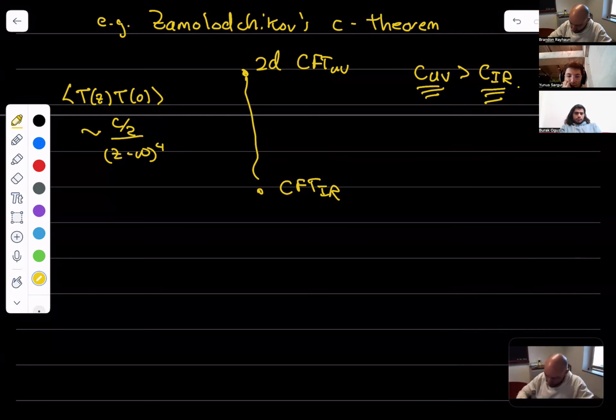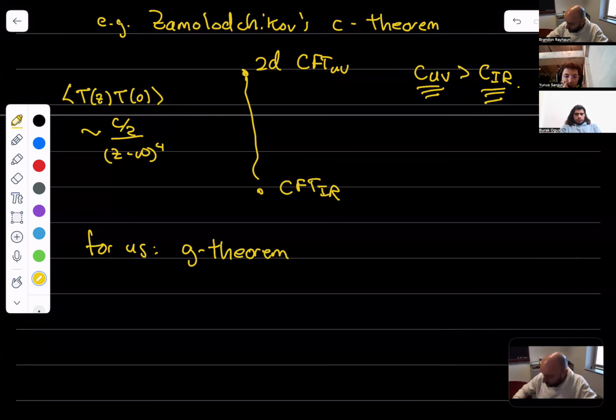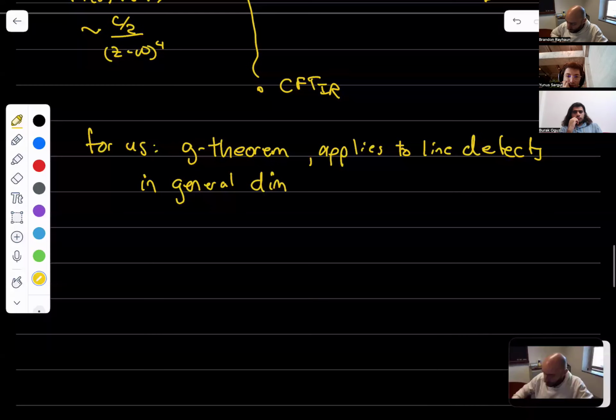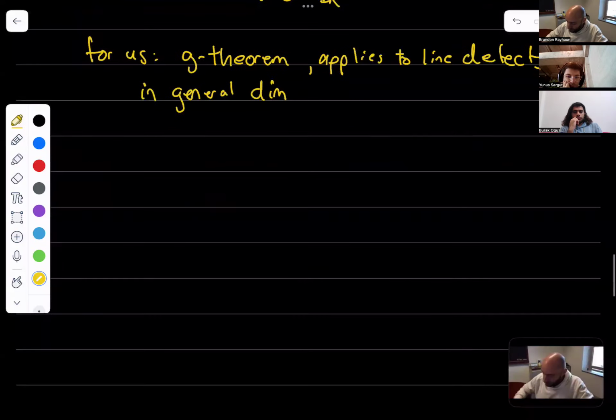So for us, I want a version of the C theorem called the G theorem. It applies specifically to line defects in general dimension. And so what's the idea?